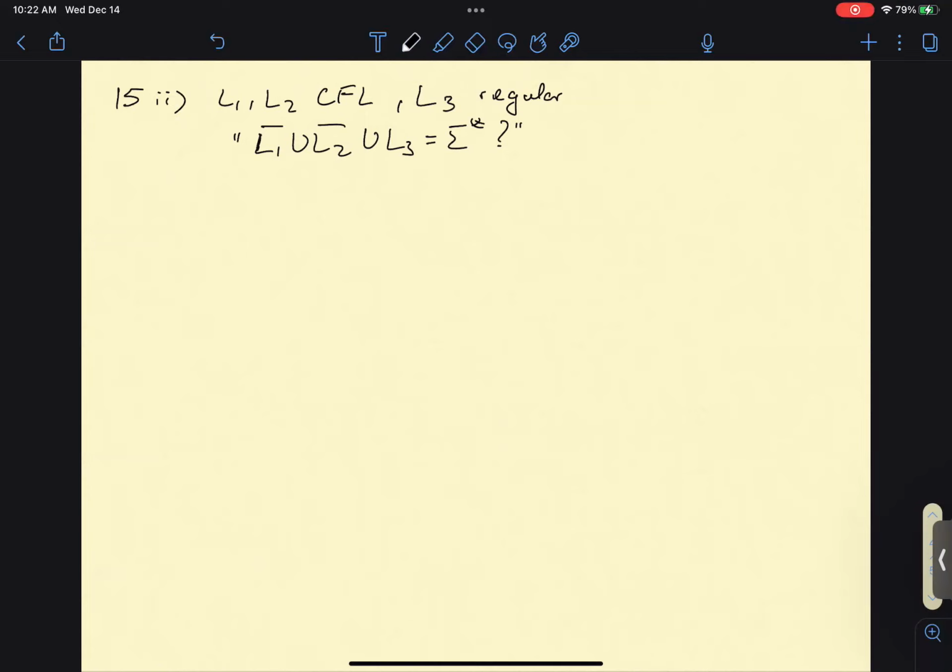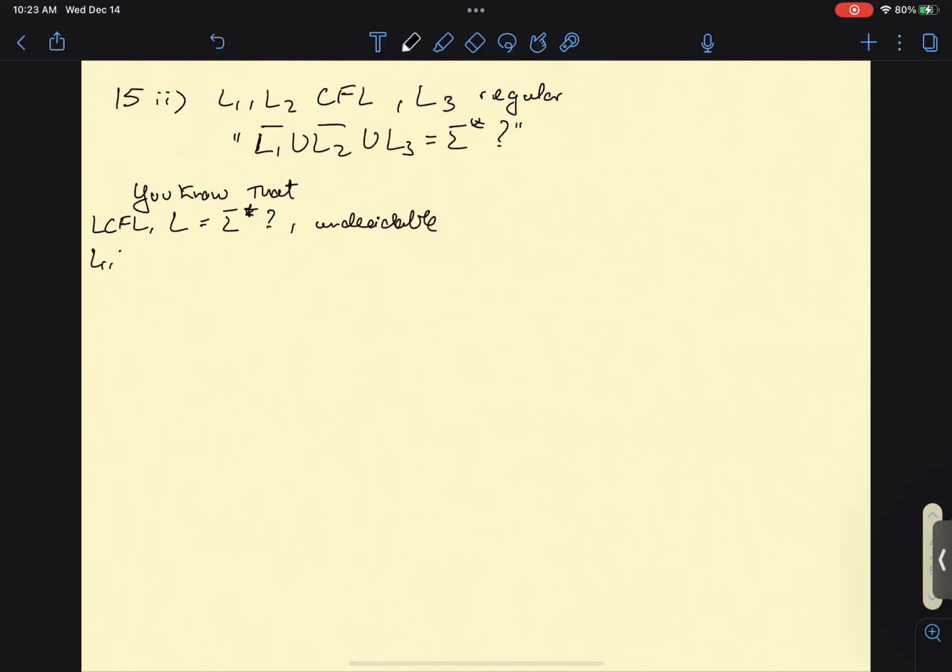So how you do this question is, if you think it's decidable, then you have to give an algorithm or use an algorithm from class that decides the decision problem, right? If you think it's undecidable, then you have to give a reduction, right? And you can, of course, use things from class. So you know that if L is CFL, then checking whether L is equal to sigma star is undecidable.